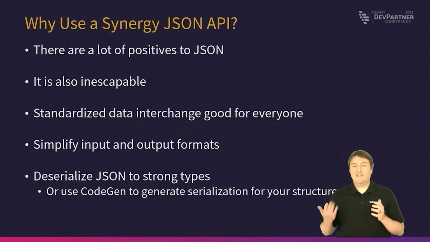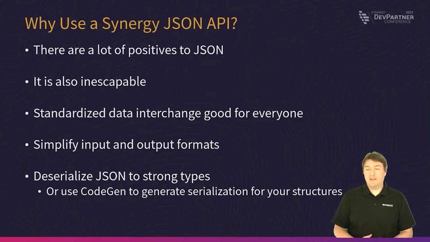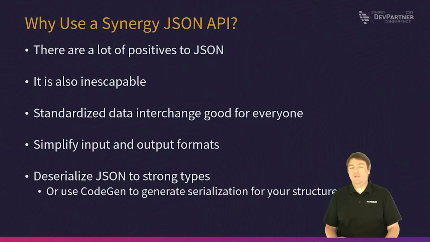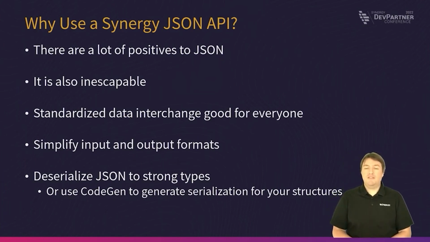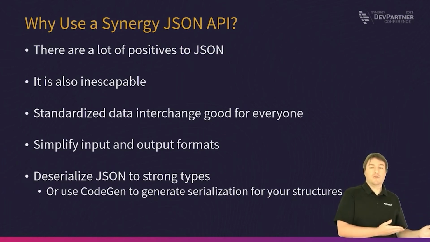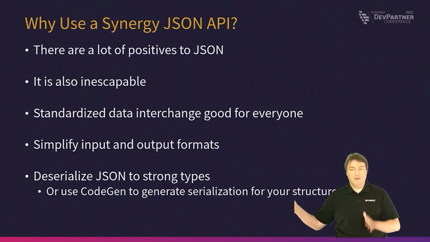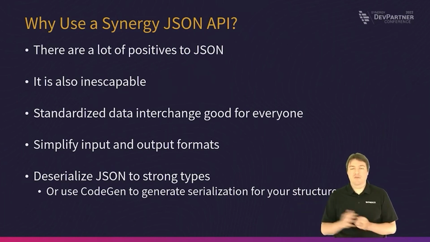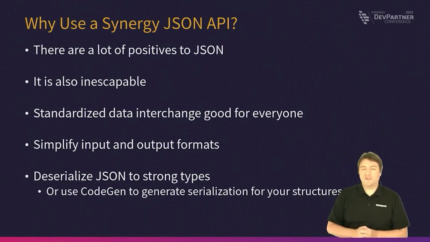It standardizes data interchange formats for everything, which is good for you and good for others, and it simplifies your decision-making for input and output formats. Finally, it lets you continue to use your existing data models. Write the serialization code, or even better, write a template for CodeGen and let CodeGen generate the code for you based on your repository structures.